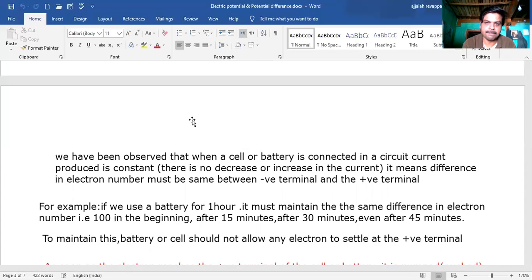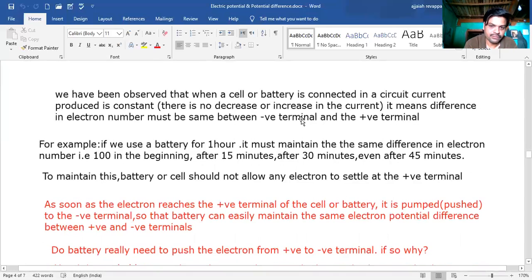If you are using a battery in a circuit for 1 hour, throughout this 1 hour the electron number difference should be 100. After 10 minutes, 20 minutes, 30 minutes, even after 45 minutes, at the end of 60 minutes, the difference in electron number should be the same, that is 100 only.